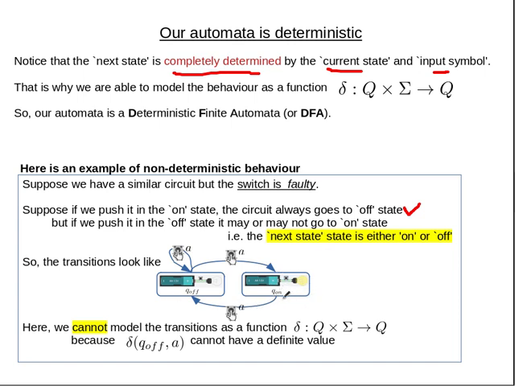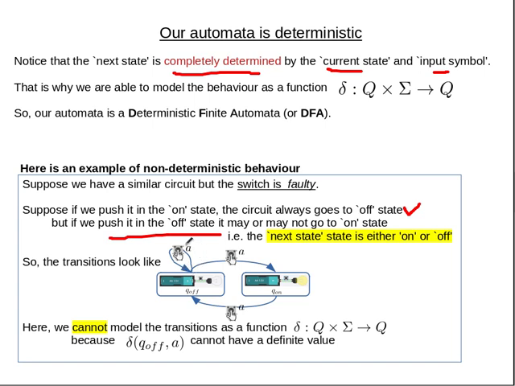So if you are in the on state and you press this button, you switch to the off state. There is no problem there. That's still deterministic. But if you are in the off state and you push the button, then you may or may not go to the on state. You may still remain in the off state. You just push it and it doesn't switch on. So suppose your switch is faulty in this fashion.